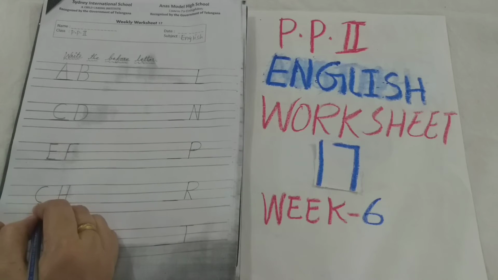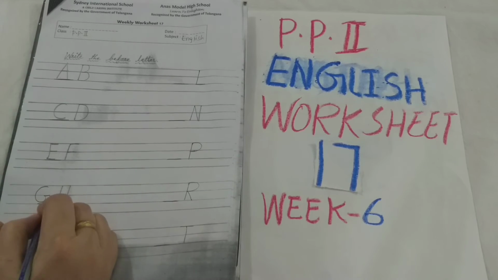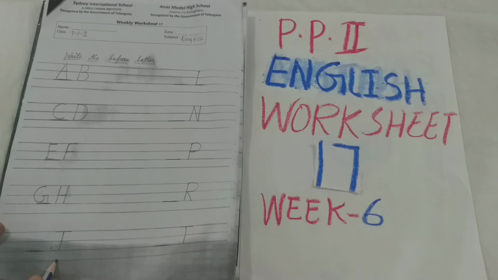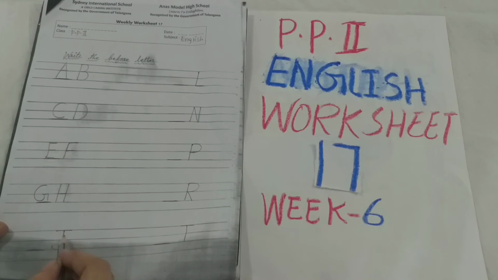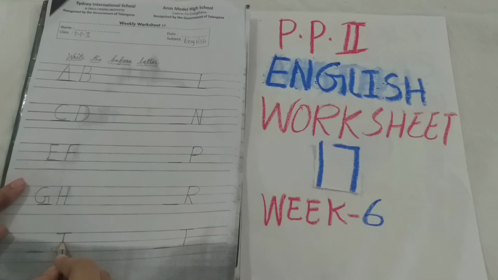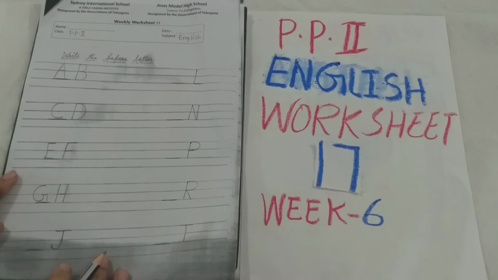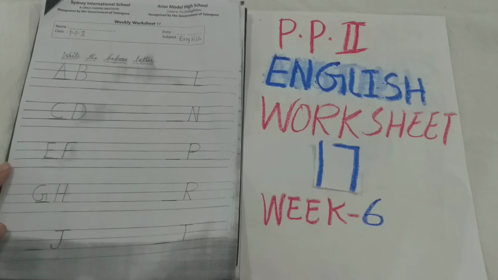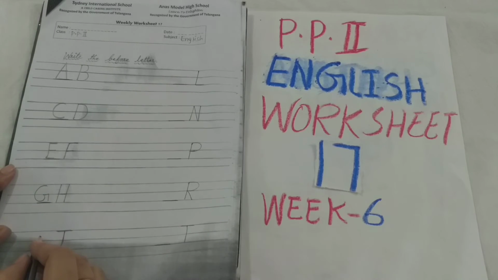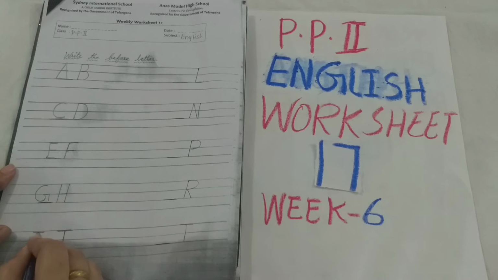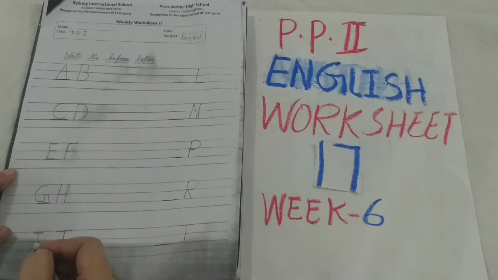G. Write here G. Now J is here. This is a capital J. Before capital J, which letter you have to write in the dash, children? Yes? Very good. Capital I you have to write like this.